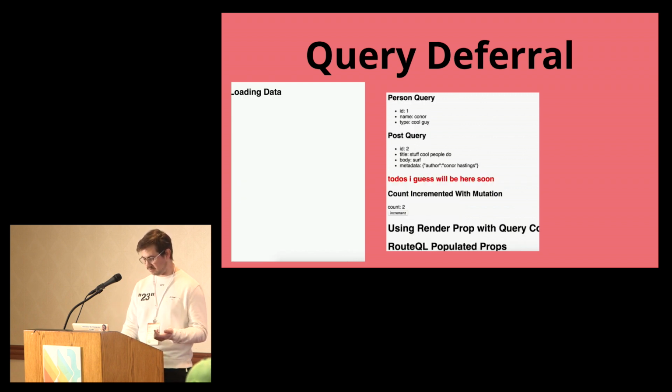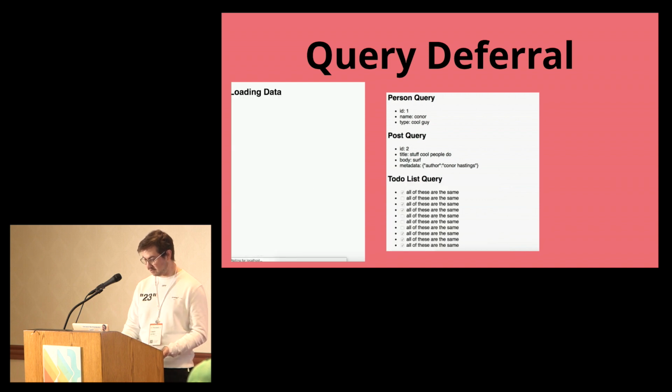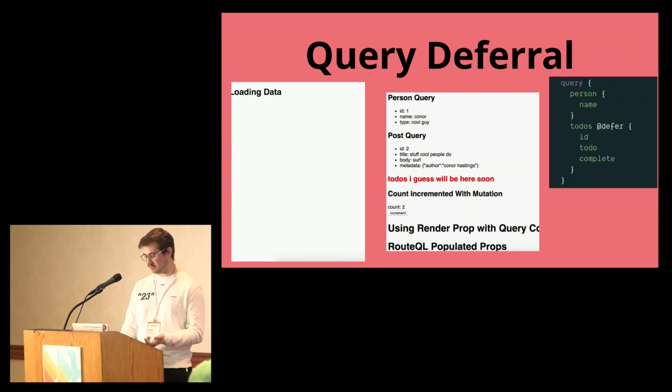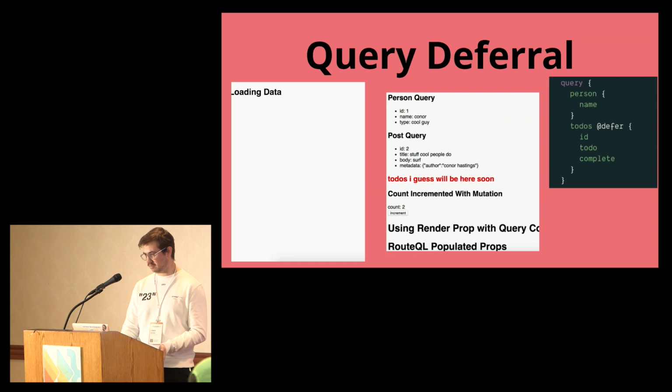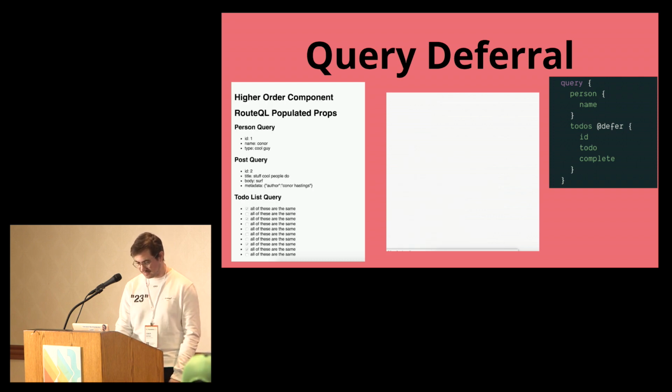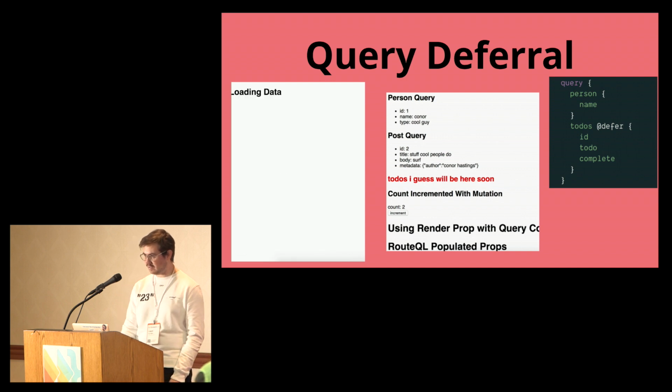So this is just for free as part of GraphQL. It uses the same syntax as Apollo, so just to-dos, defer. That means load the other data first, then get to-dos. But all your to-dos will be the same, so who cares? So it's GraphQL compliant, I say.